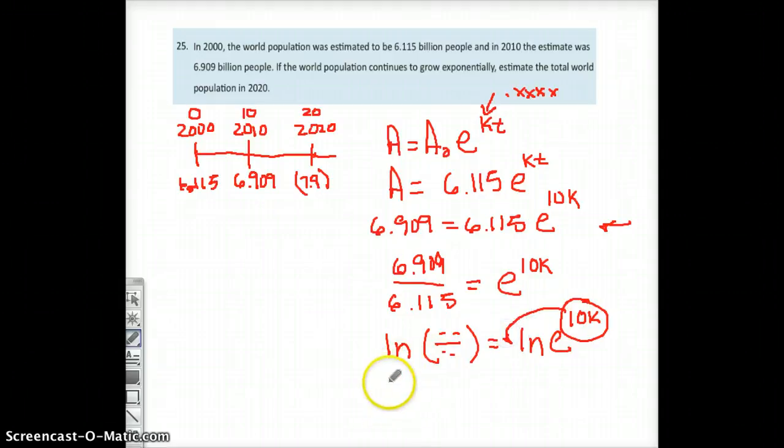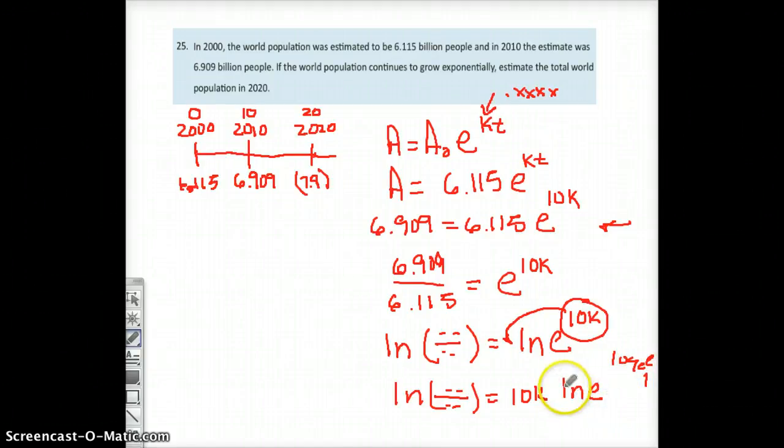So what do we have? We have the ln of something over something, okay, is equal to 10k times the ln of e. Now the ln of e is just log base e of e, that's just 1. So this right here is just 1. So 1 times 10k is just 10k.